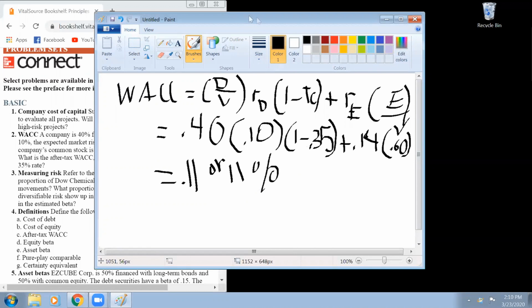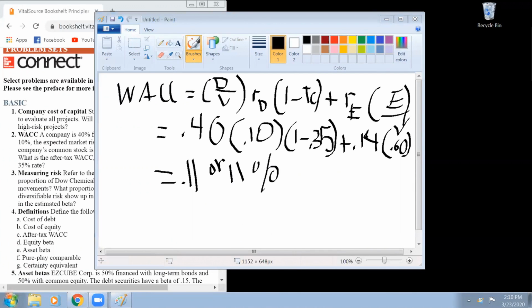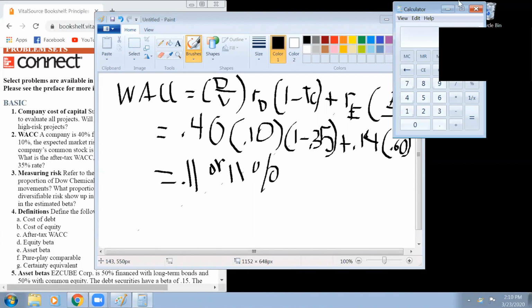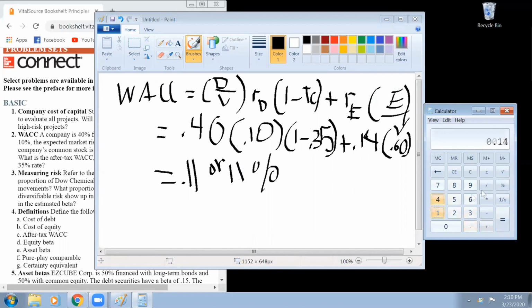So I can show you really briefly how I did this calculation. For the right side, the equity side, we do 0.14 times 0.6, which gives us 0.084.